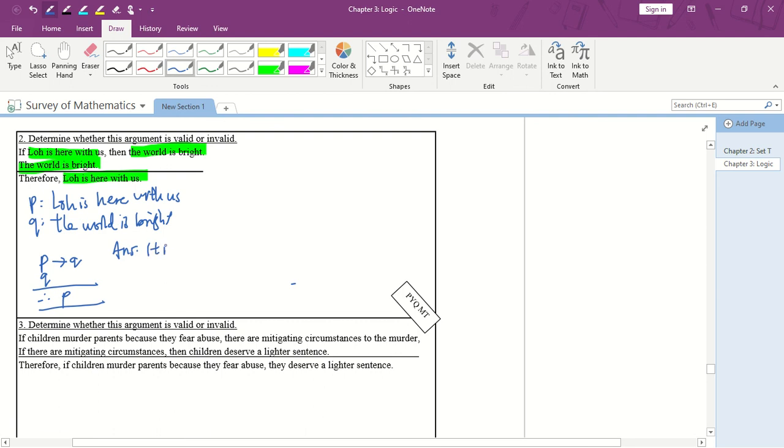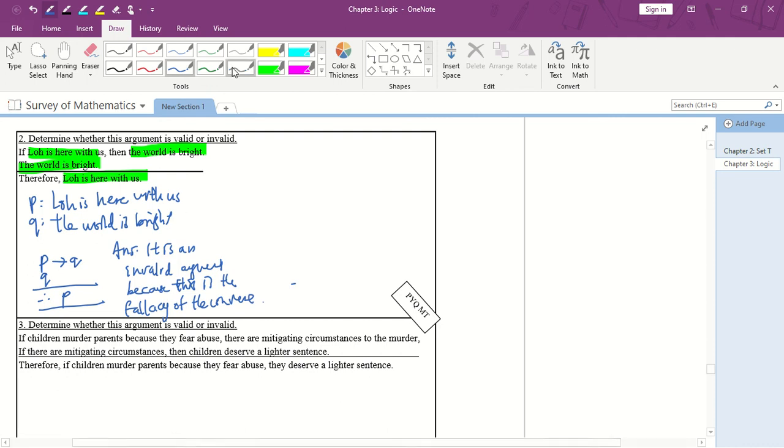Now we can write here: Answer. It is an invalid argument. Why? Because this is the fallacy of the converse. That's it, there's our answer.